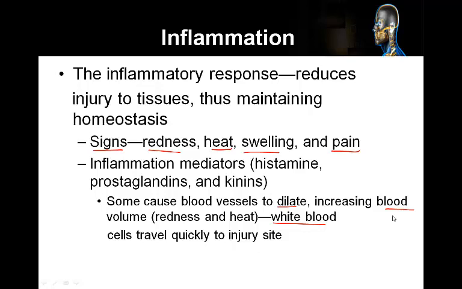So because of that dilation in blood vessels, leaky blood vessels, and increase in blood volume, we get redness, right? We see blood closer to the skin, heat because core body temperature is being radiated, and then we've got swelling and pain, which are the remnants of that edema pushing up on tissue and the pain coming from the pushing of tissue up against our neurons.